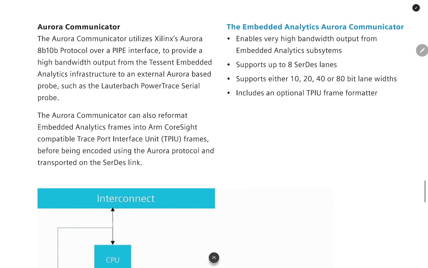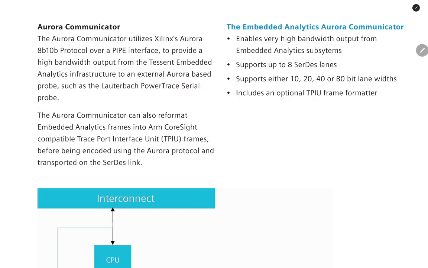The Aurora communicator. The Aurora communicator utilizes the Xilinx Aurora 8B/10B protocol over a PIPE interface to provide a high bandwidth output from a Tessent Embedded Analytics infrastructure to an external Aurora-based probe, such as the Lauterbach PowerTrace Serial probe.